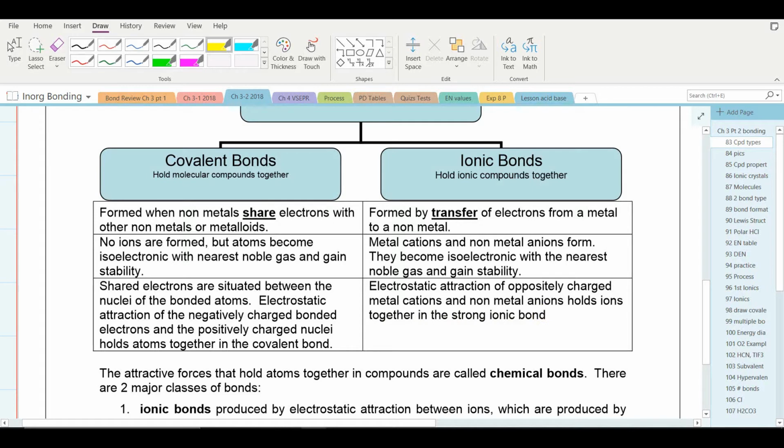For covalent compounds, shared electrons are situated between the nuclei of bonded atoms. So the electrostatic attraction of the negatively charged bonded electrons and the positively charged nuclei hold atoms together in a covalent bond. So it's similar, but definitely different.